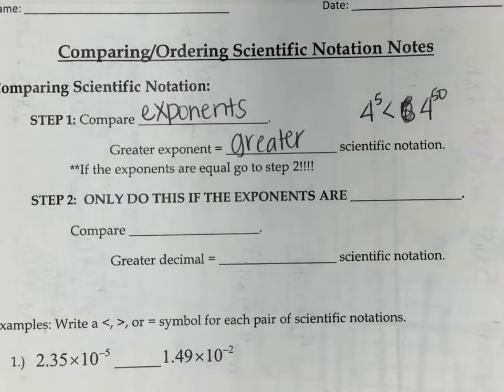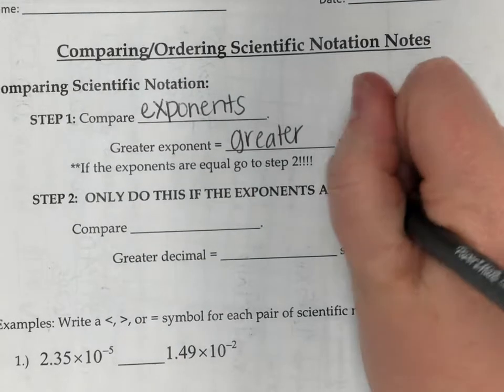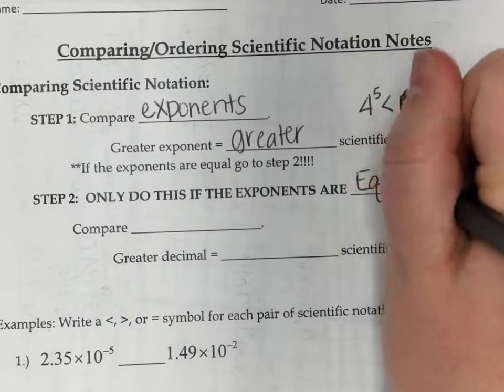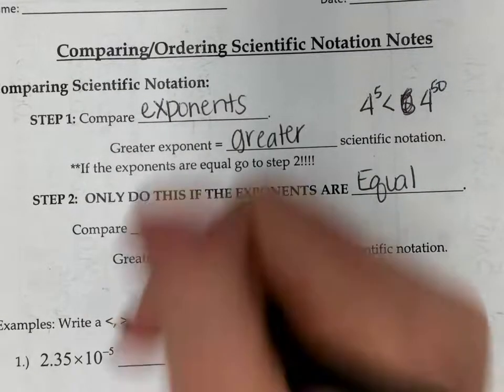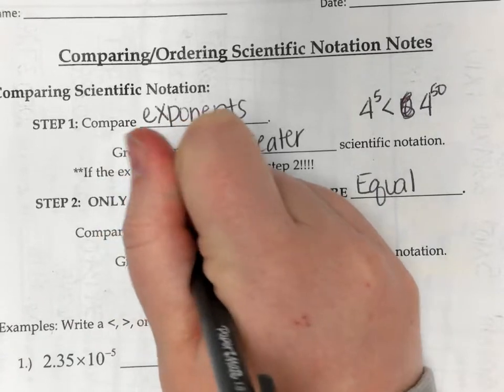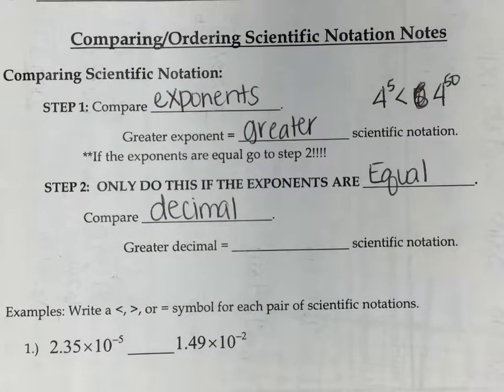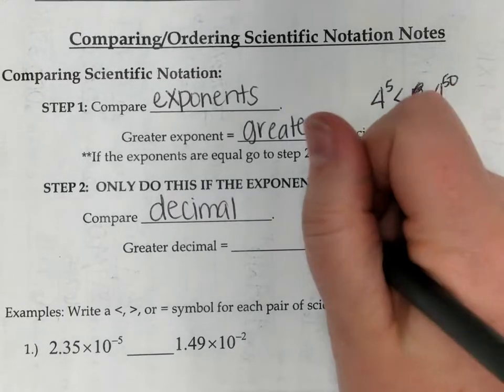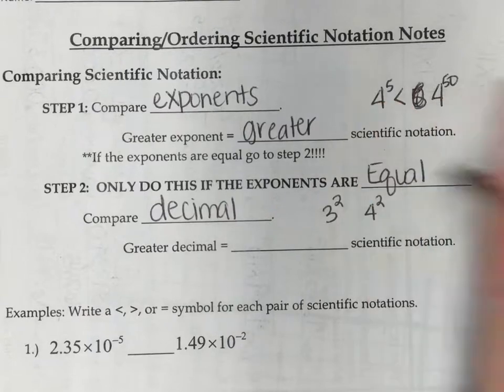Sometimes our exponents might be the same. If our exponents are equal, and only if they're equal, then we have to compare the decimals, or the number out front. So let's say I have 3 squared versus 4 squared.